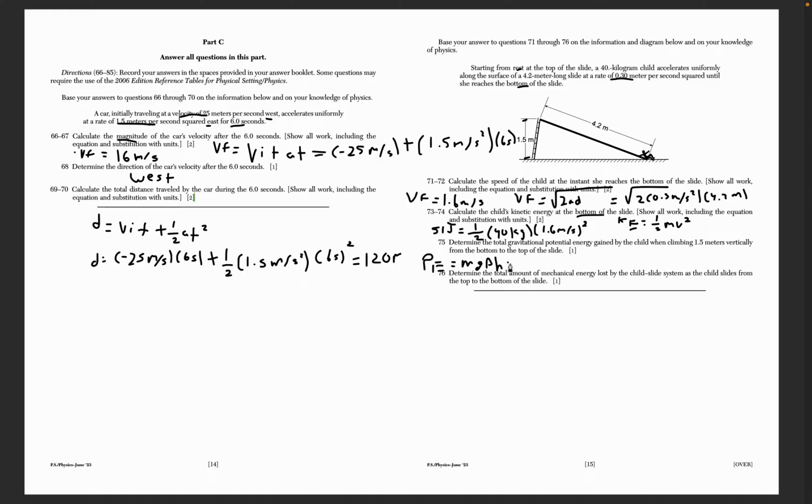So, which means that it's equal to the mass, which is 40 kilograms, times 9.81 meters per second squared, times the change in height, which is from 0 to 1.5 meters. Which should give you 590 joules.